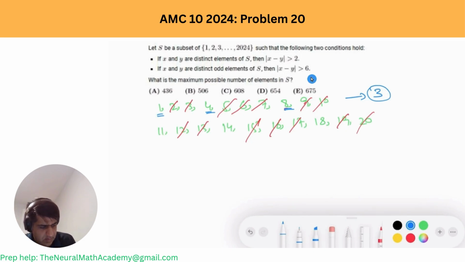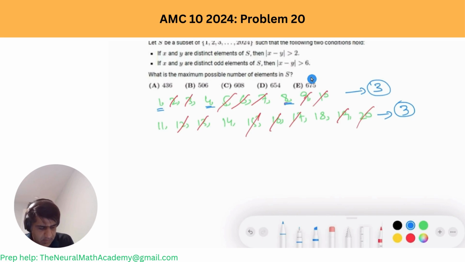And if I check the next 10, again there are 3 numbers satisfying this condition. The total number that I am given is 2024. If I divide it by 10, because we are making this observation for every 10 numbers, I can write it as 202 remainder 4. From each block of 10 numbers, there are 3 numbers which satisfy the condition.